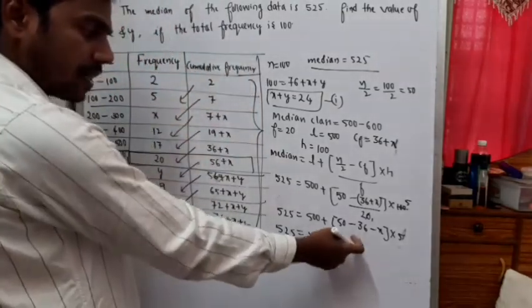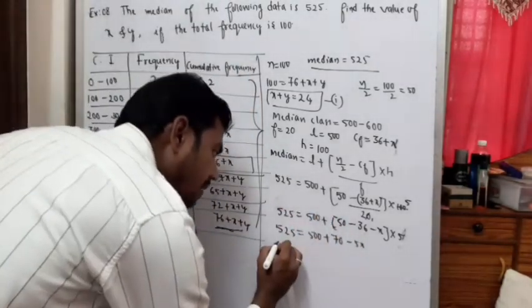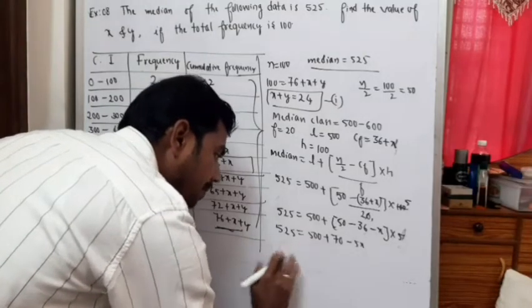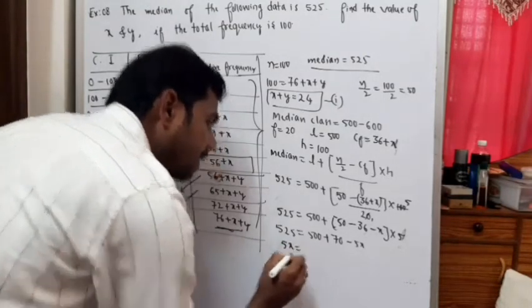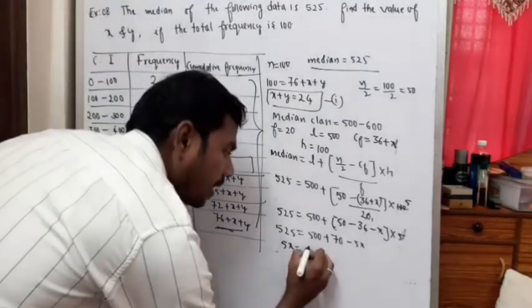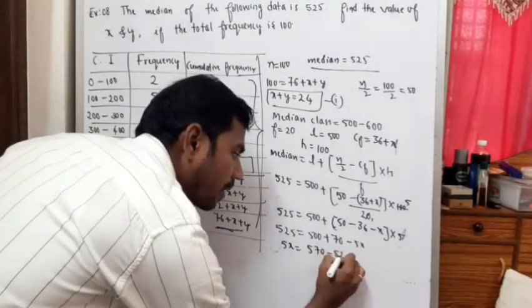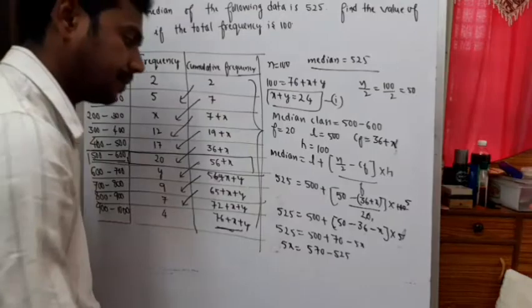So this minus 5x I will transfer to the left hand side, that will become plus 5x is equal to 570 minus 525. Okay.